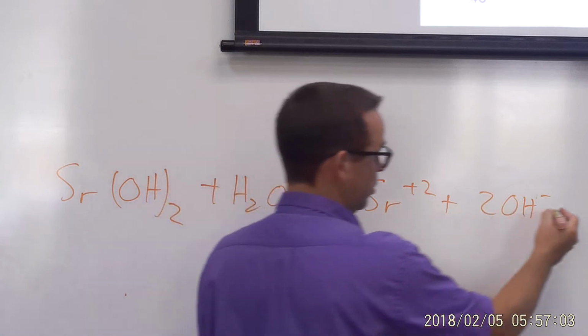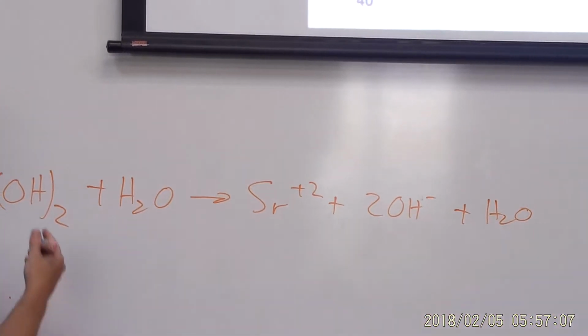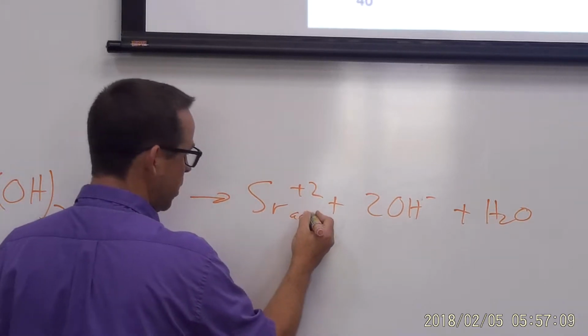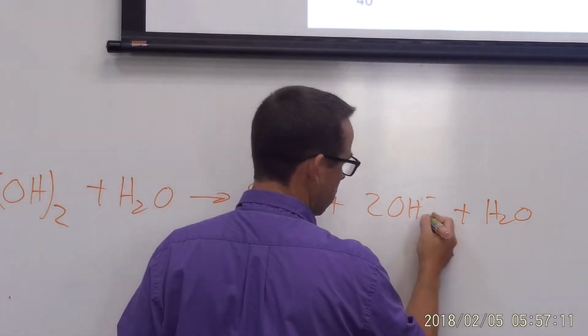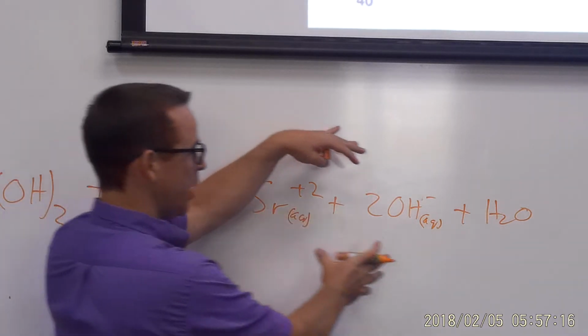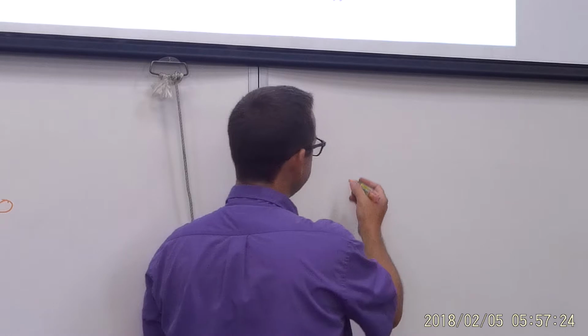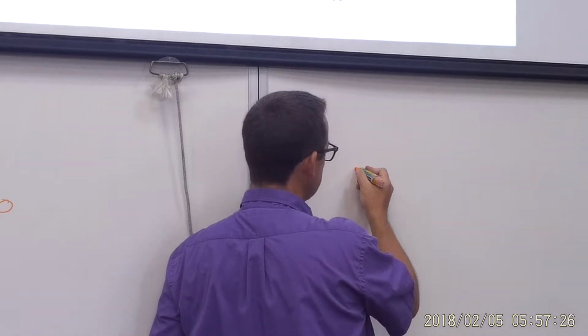Then you just write water again there. The water is involved in that these end up being aqueous, but there's no place that we actually draw the water molecule around it. Does that make sense?